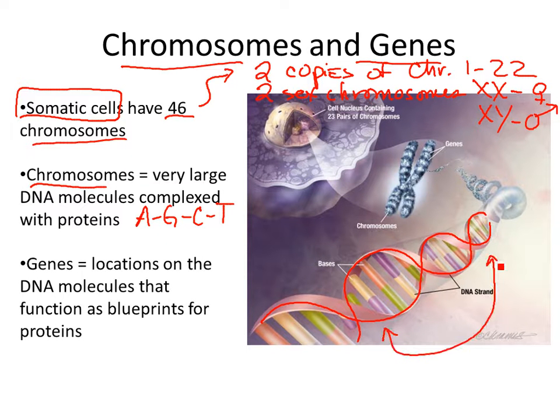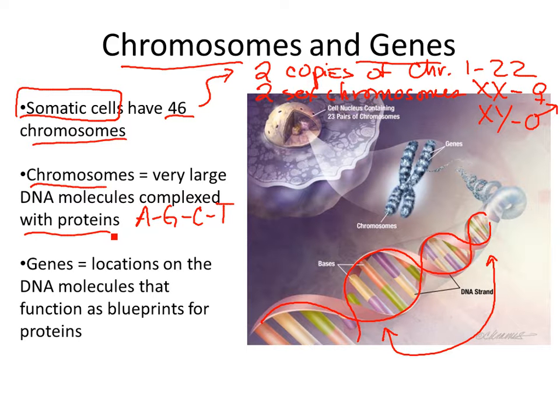It kind of looks like a spiral staircase. Chromosomes are very large DNA molecules, complexed with various proteins to help wad them up and cram them into the tiny little nuclei in each of your cells.